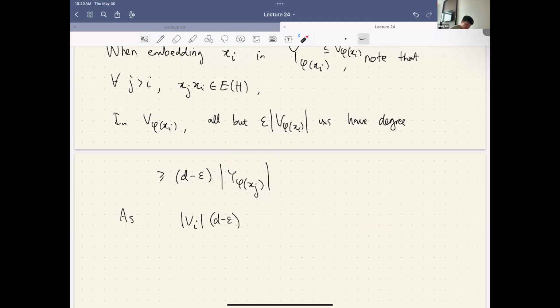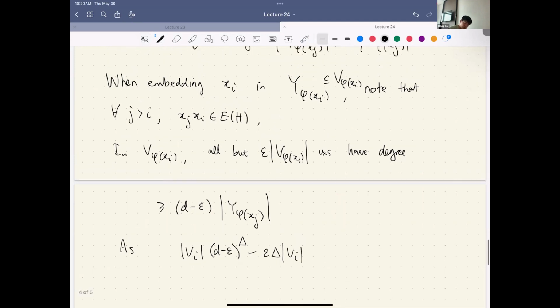So what has this achieved? This is saying that every time you embed the xi vertex, the eligible set shrinks by at most a factor of d minus epsilon. So if you shrink by d minus epsilon, delta times, because every vertex is adjacent to delta vertices in H, you also have to subtract epsilon times delta, times Vi.